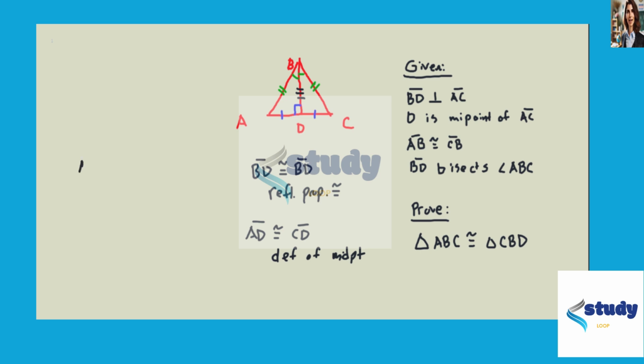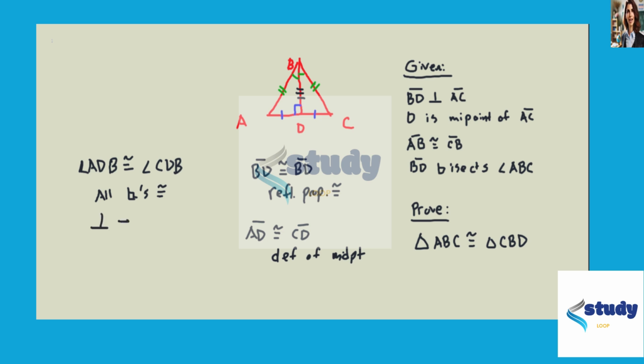So angle ADB is congruent to angle CDB because all right angles are congruent. And we know that they're congruent because of the perpendicular.